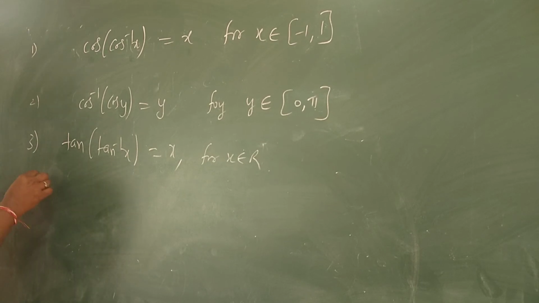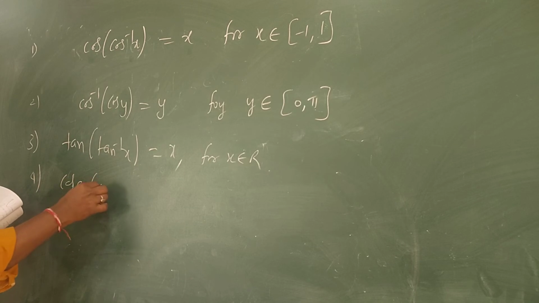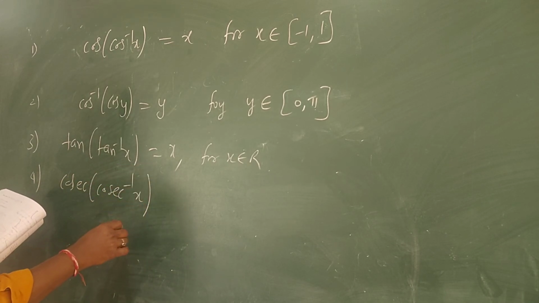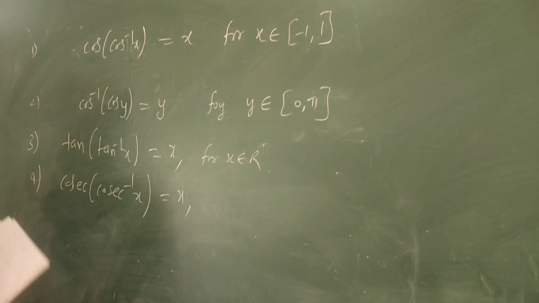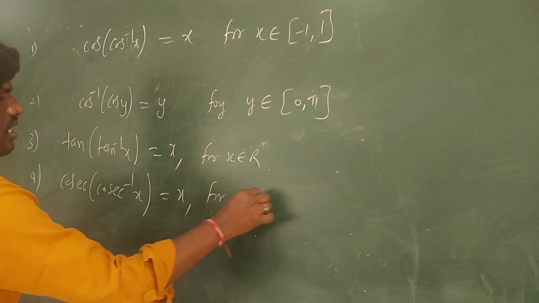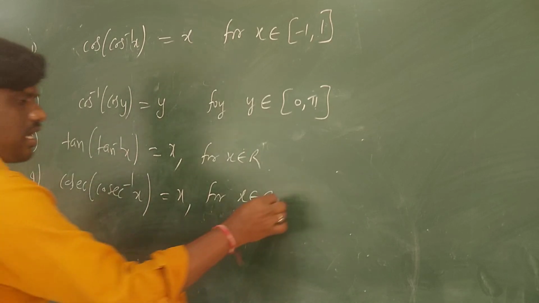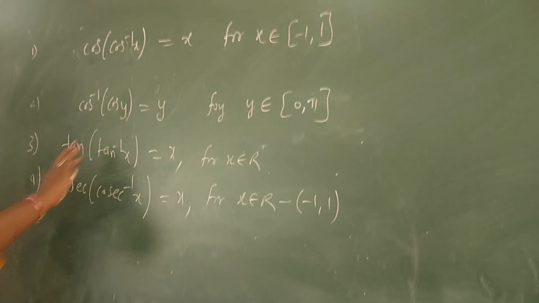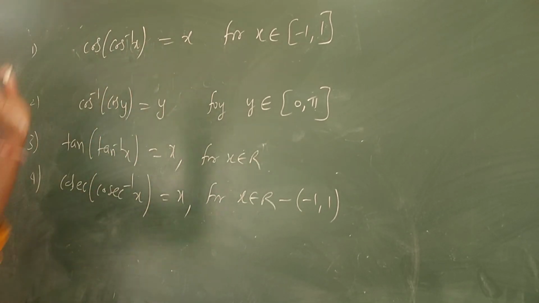Next one is cosec of cosec inverse x. Cosec of cosec inverse x is equal to x for x belongs to R minus 1 comma 1, which is the domain. We are not writing it specially, this is the domain of the function we are writing.